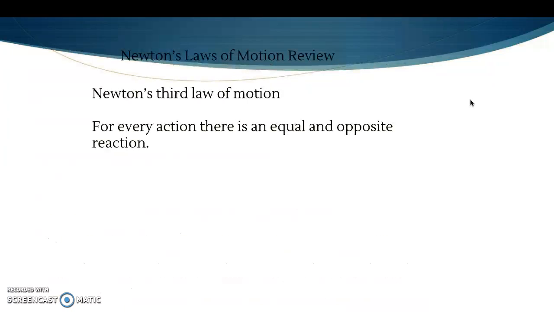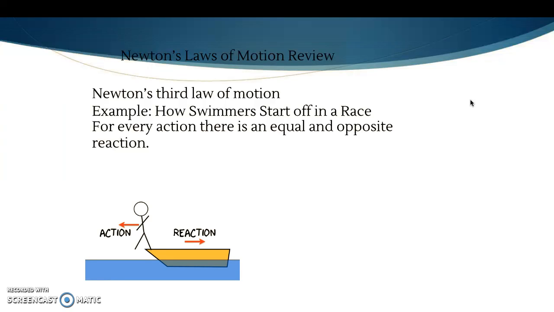The third is Newton's third law of motion. For every action, there's an equal and opposite reaction. An example of this is how swimmers start off in a race. The picture at the bottom shows you someone jumping from a boat, which is similar to the action of a swimmer starting their race.